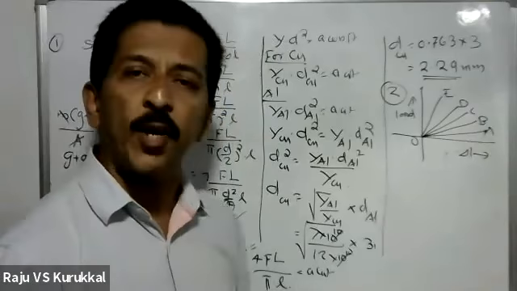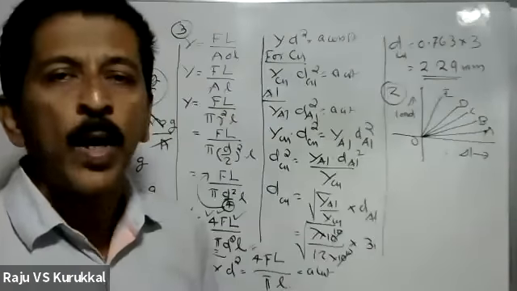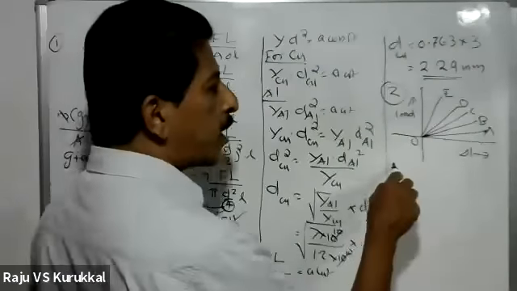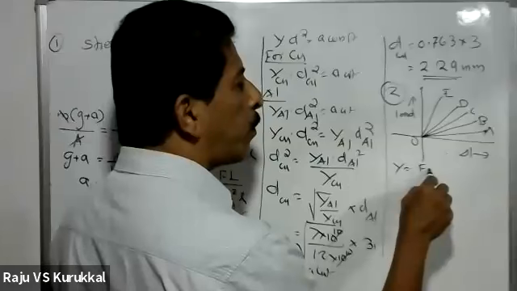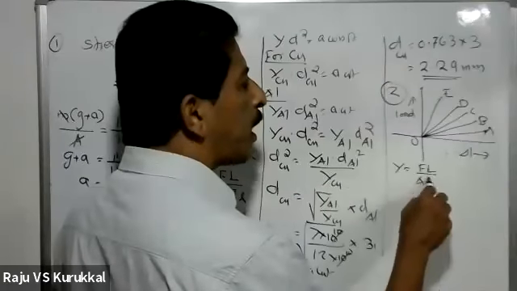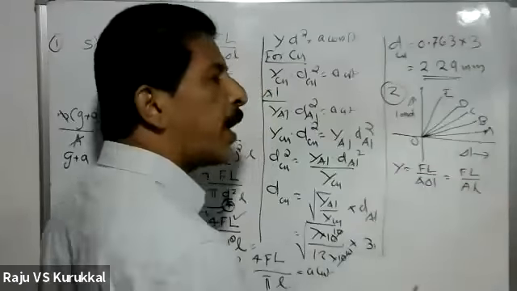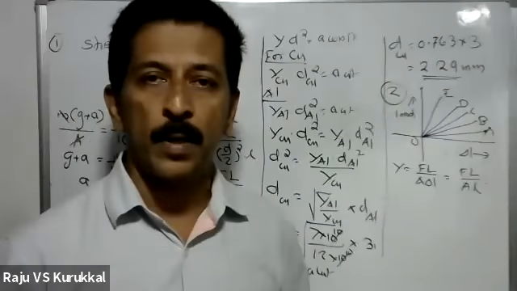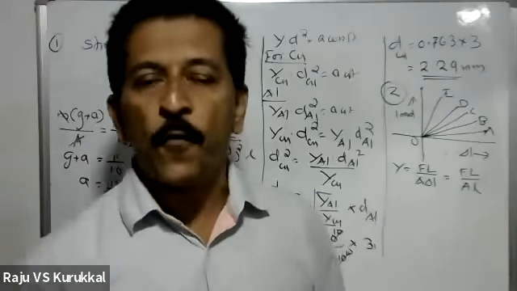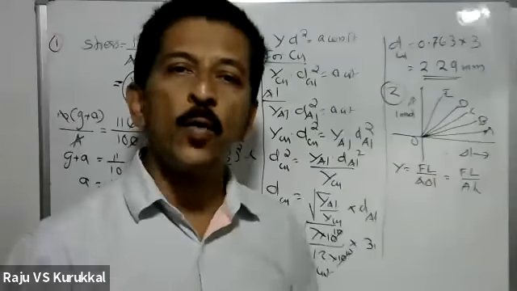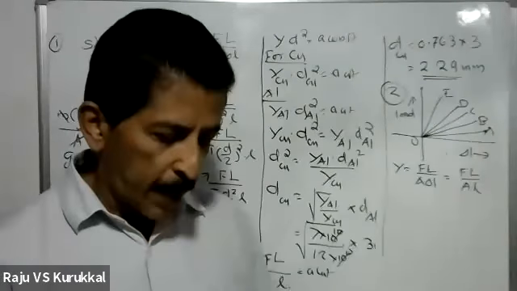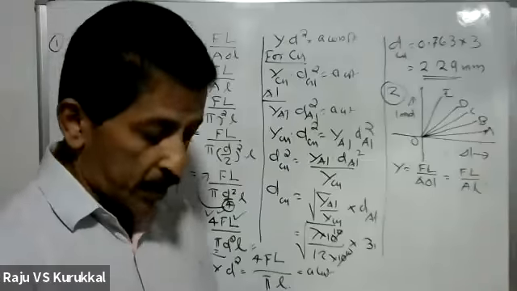അതിലും ഇതേ ഇക്വേഷൻ തന്നെയാണ് ഉപയോഗിക്കേണ്ടത്. Young's modulus Y is equal to FL divided by A delta L. That is F into L divided by A into small l. Small l is elongation. Young's modulus is equal to force into length by A into change in length. Then here Y is constant.